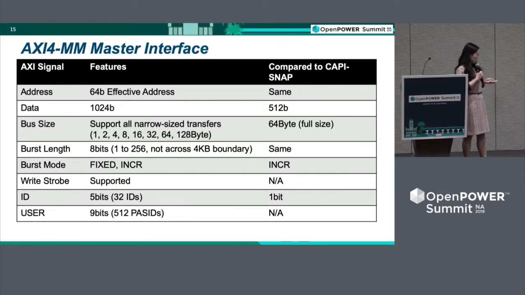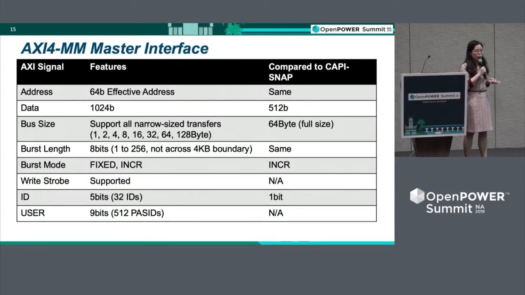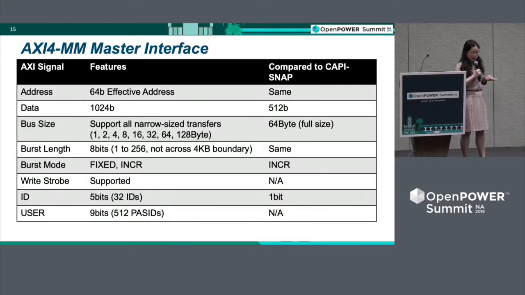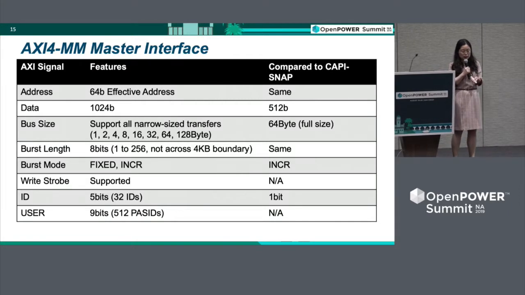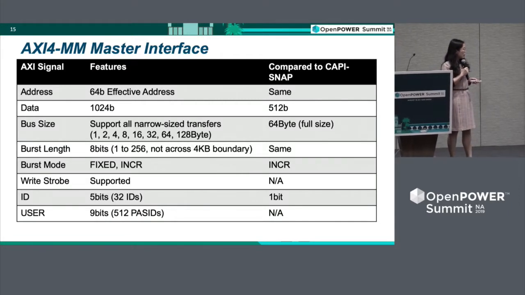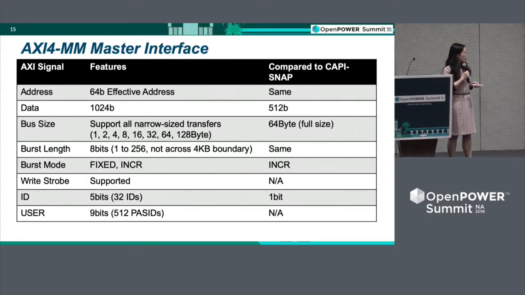We also support multiple processes accessing the FPGA hardware. Currently we support 512 PASIDs, that is the number of process contexts.